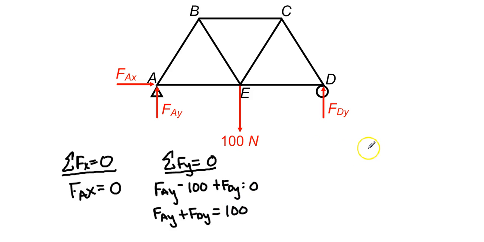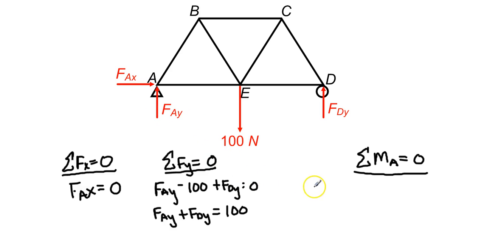Last part, the sum of the moments about joint A, where our pin is placed. The sum of the moments takes all these forces into account relative to their position to the pin.